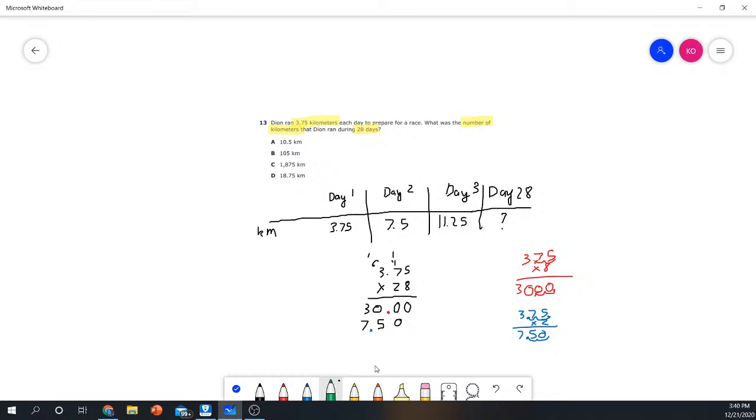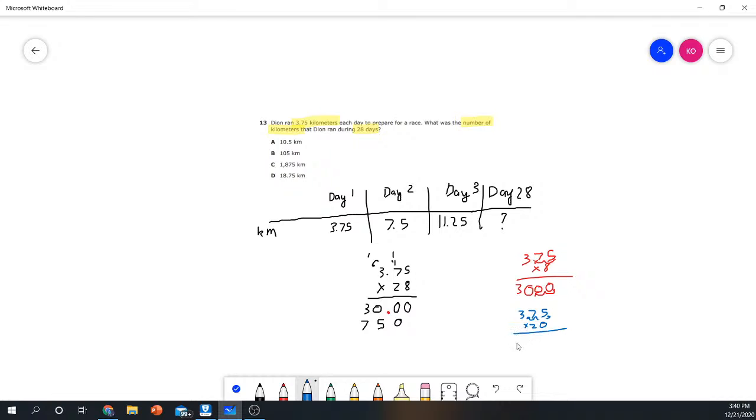So, let's actually not worry about the decimal at the moment. We see that 2 is actually in the tens place. Oh, I made a huge mistake. 2 is in the tens place, which means that we're not multiplying 3.75 times 2, we're multiplying it by 20.